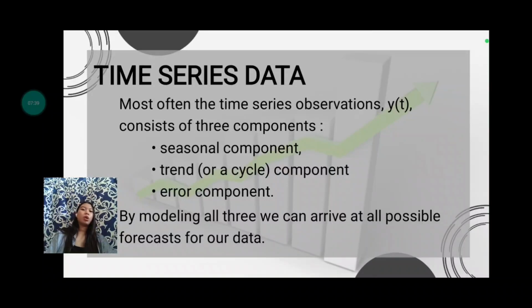The seasonal component is regular patterns like increased sales during holidays. The trend component is the long-term direction, an upward or downward trend. And lastly, the error component is random variation or unexpected changes. So by studying this, we can predict future values.